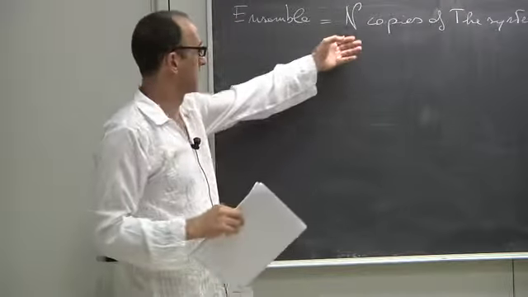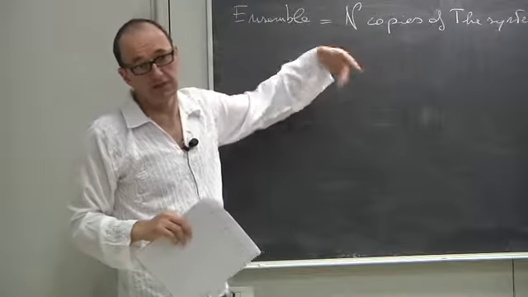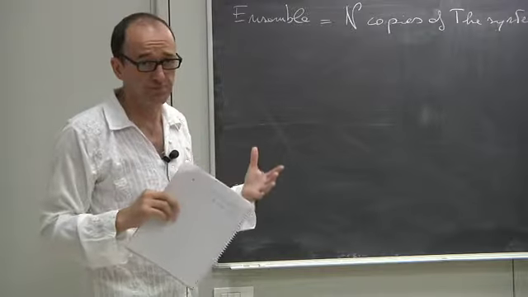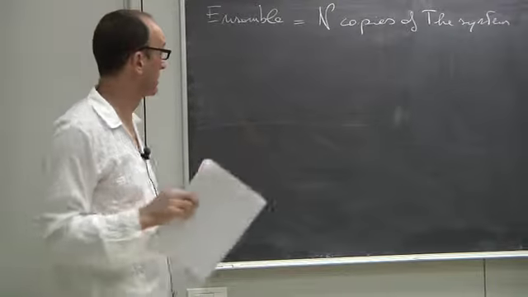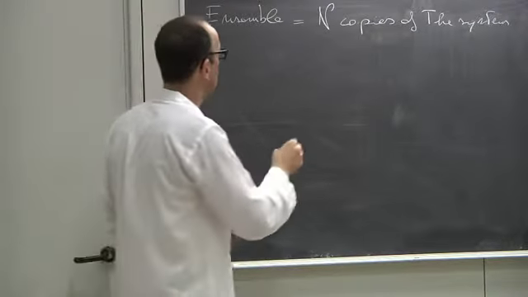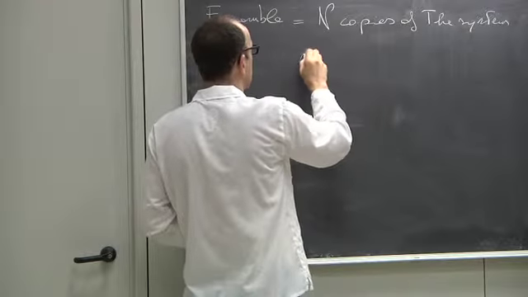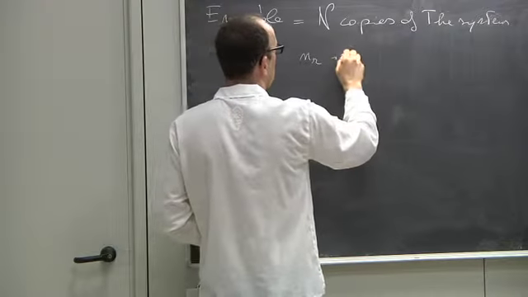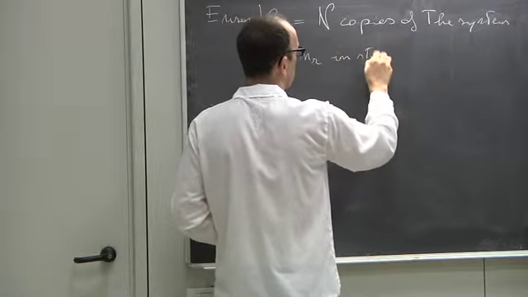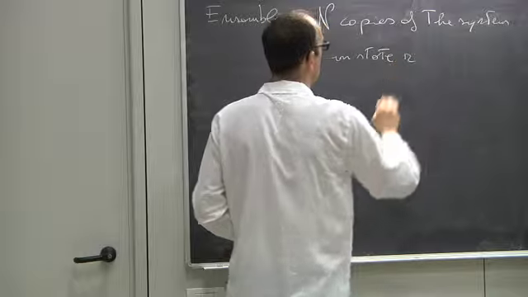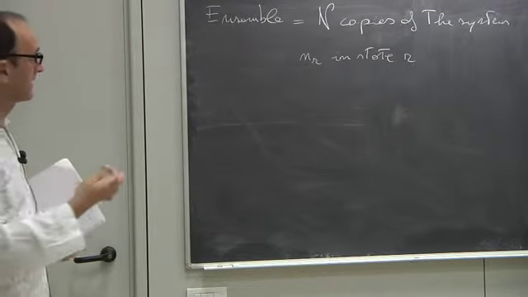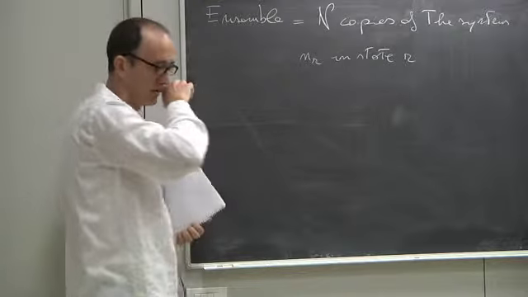This N will be very large, and eventually will go to infinity. These are identical copies, and they don't interact. I would say that there are n_R of these copies in state R.